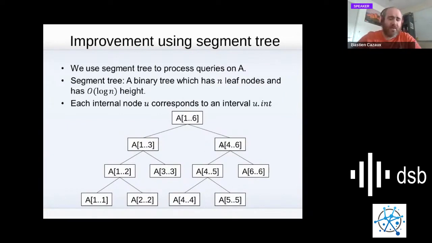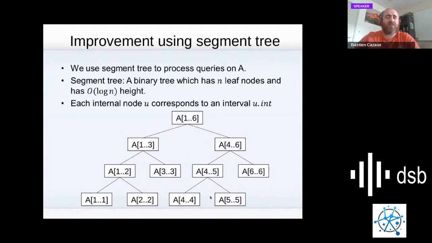In this tree, we can store every interval of 1 to 6. For example, if I want to store 1 to 5, it corresponds to the nodes 1 to 3 and 4 to 5. For another interval, for example 3 to 4, I need to take this node and this node.